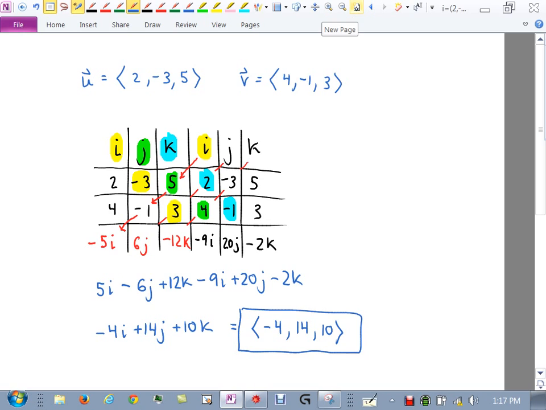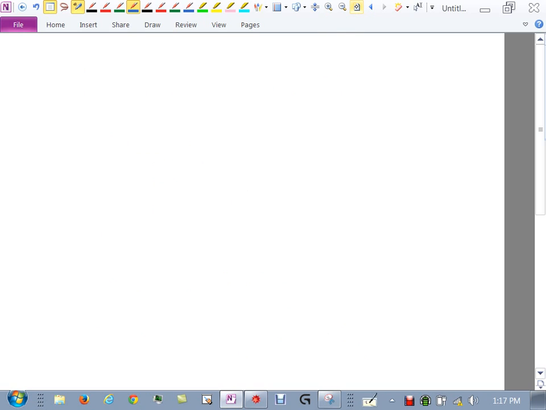The next approach requires that you understand how to take the determinant of a matrix. That's why sometimes this is a method that people are like, what? Determine what? So if you have a matrix a, b, c, d, that's a 2 by 2 matrix, then the determinant of this 2 by 2 matrix is what?